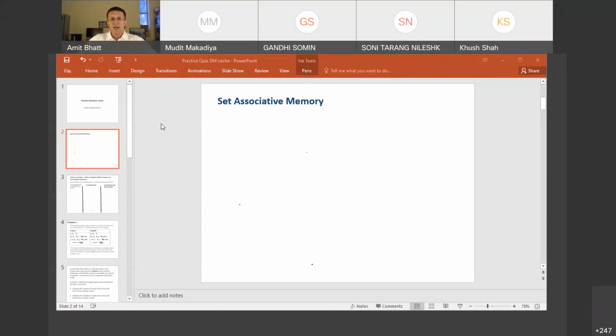So till now, we have been discussing only direct map memory, and this is a special instance of set associative memory. So this direct map memory can be called one-way set associative.